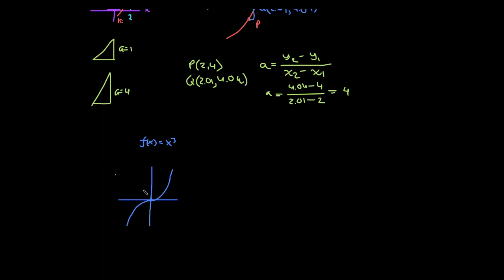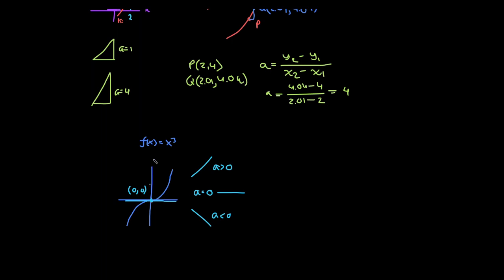At the origin, this function is actually horizontal, or at least it looks horizontal. So the tangent line should be horizontal too, which means that this slope should be 0, right? Because if it slopes upwards, then the slope is positive, and if it slopes downwards, the slope is negative. But if it's exactly horizontal, then the slope should be 0.